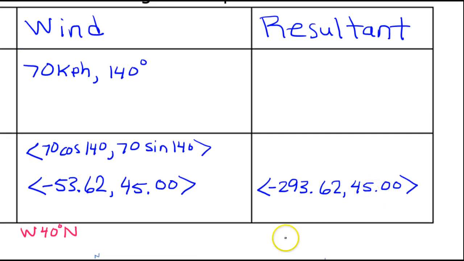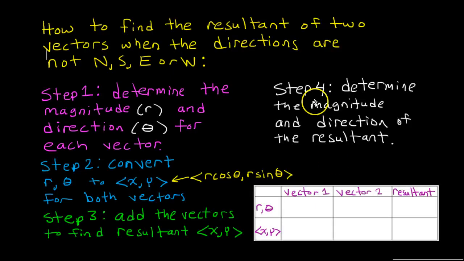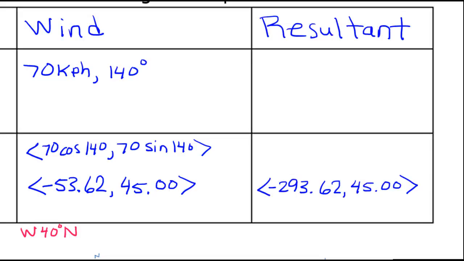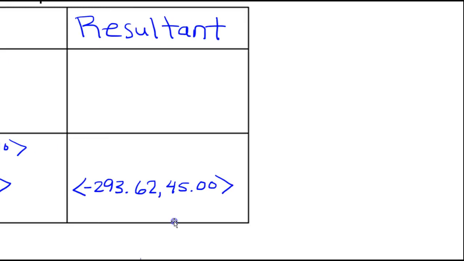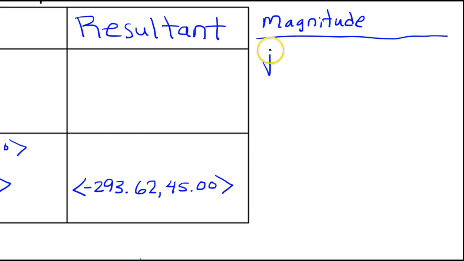So now I just need to do the fourth and final step, which is to determine the magnitude and direction of the resultant. So I'm going to take this and find the magnitude and the direction. Let's start with the magnitude. Magnitude is easy because we just use the magnitude formula.